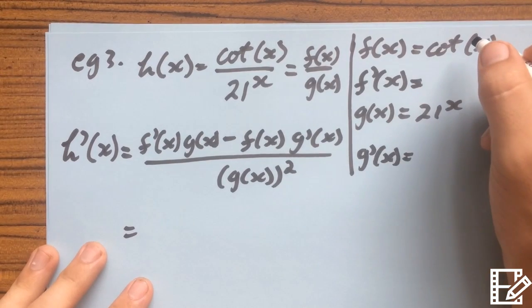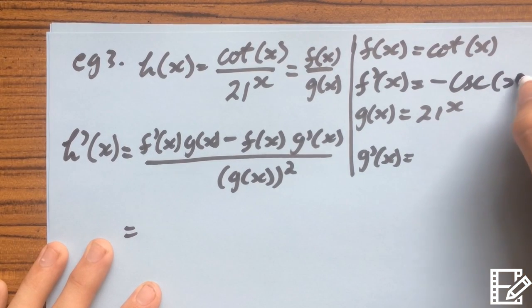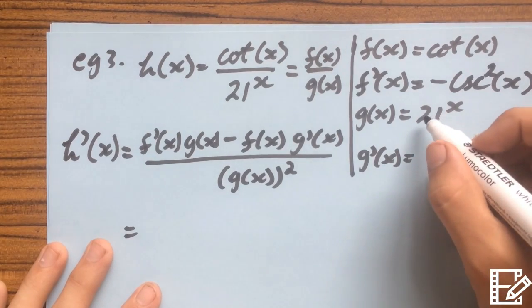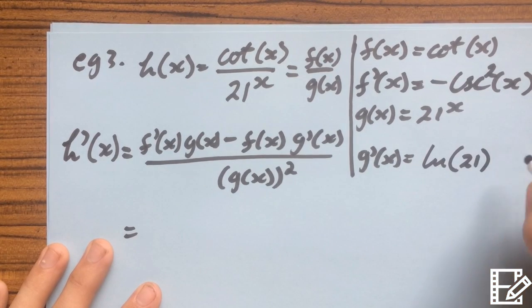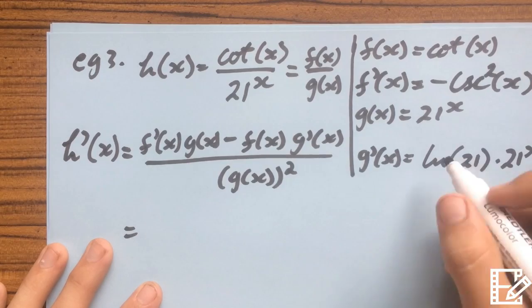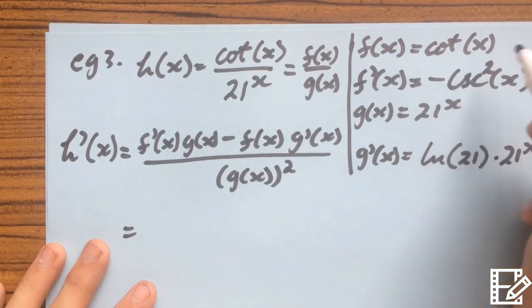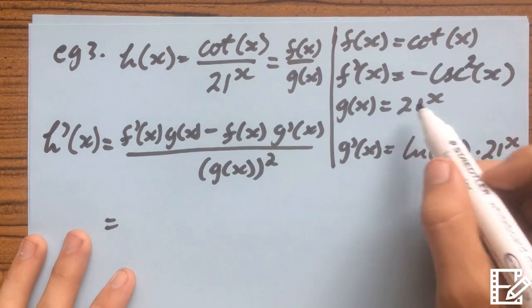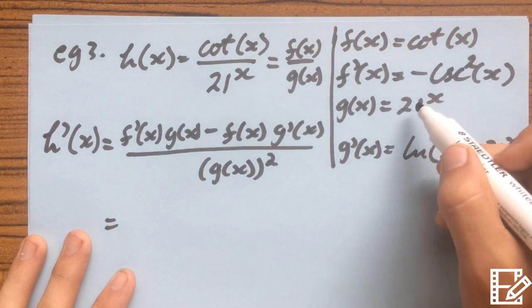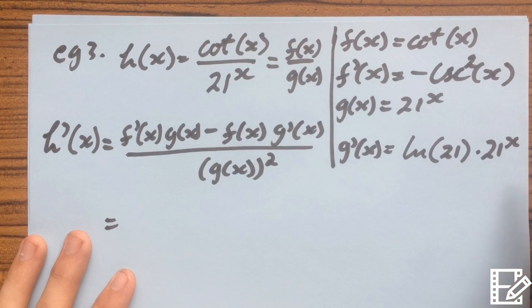The derivative of cotangent of x is negative cosec squared of x, and the derivative of 21 to the power of x is ln 21 multiplied by 21 to the power of x. Don't freak out with this up here. This here is just a standard rule. Cot x derives to negative cosec squared of x. And just like before, with a number to the power of x, we have ln of that number multiplied by that number to the power of x.